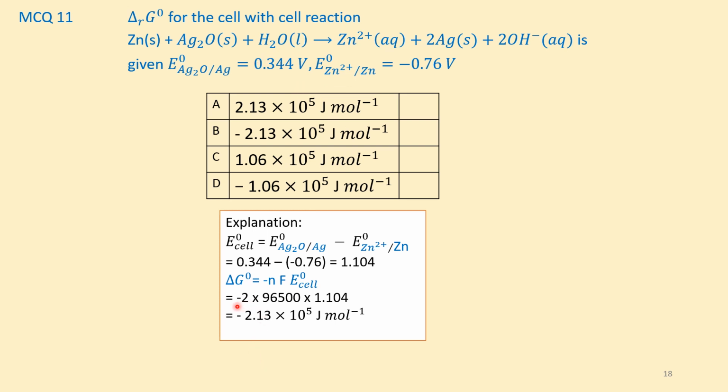So delta G naught is equal to minus 2 into the value of F, which is 96500 approximately, into E naught of cell, 1.104. That is equal to minus 2.13 into 10 to the power of 5 joules per mole. Please mark it. It is given as option B.